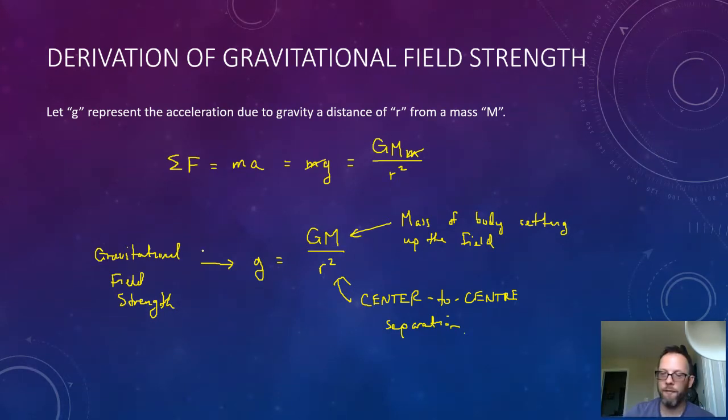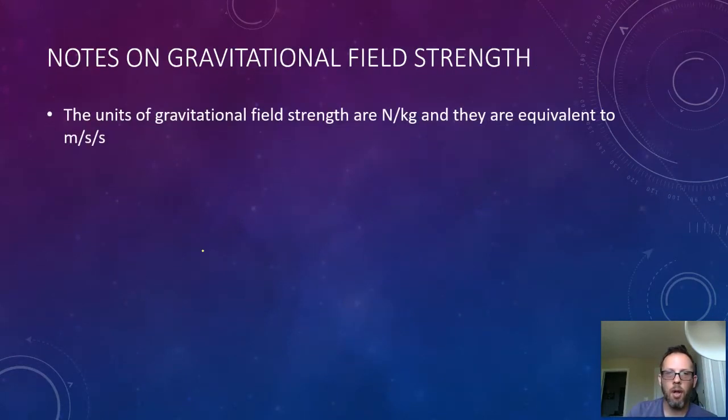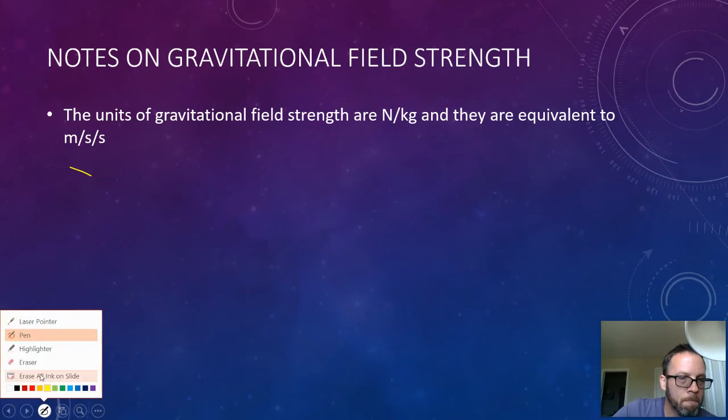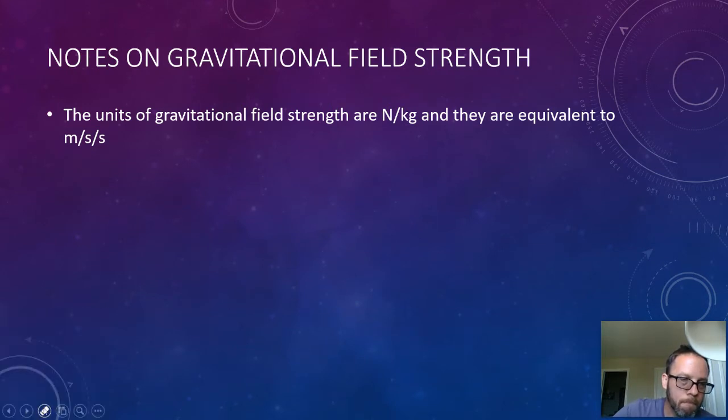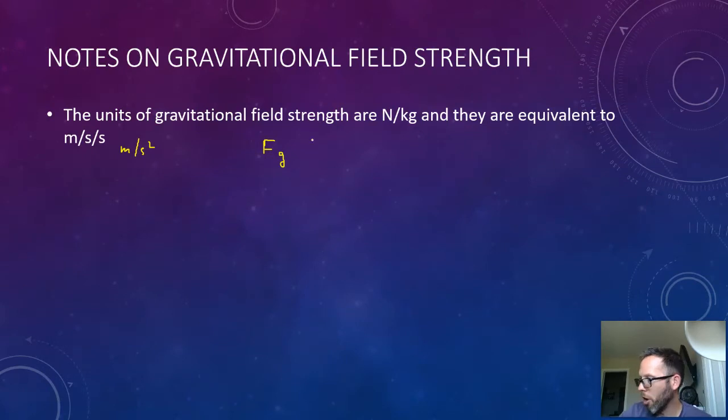So this is gravitational field strength, and I have a few notes here. The units of gravitational field strength are newtons per kilogram. They're equivalent to meters per second squared. The gravitational force on an object is equal to mass times this gravitational field strength.